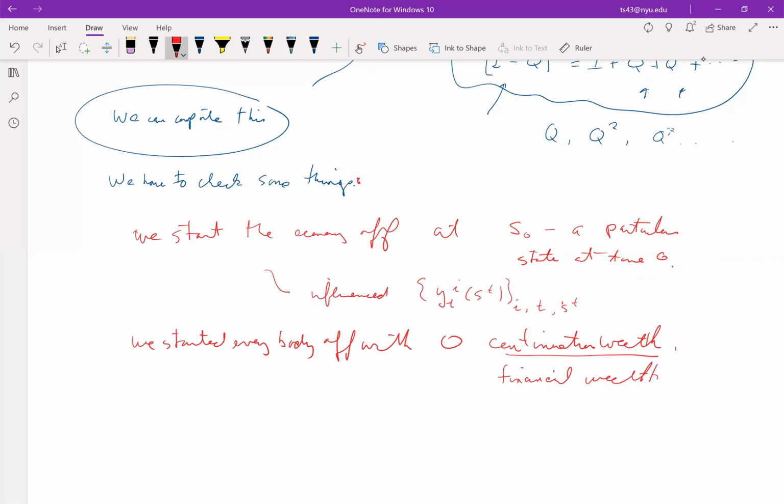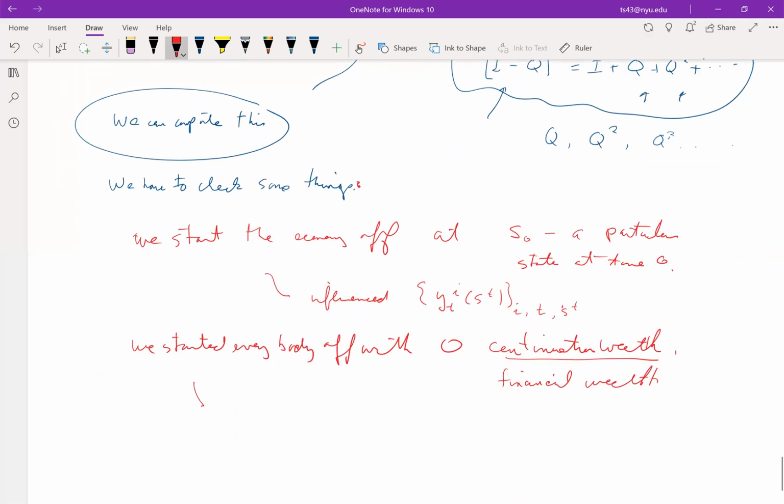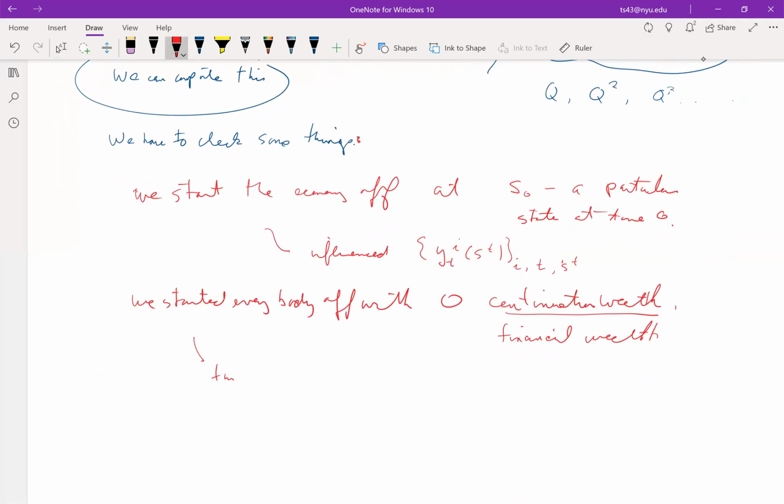And why? Because that equation was equivalent to the time 0 budget constraint for each person in the Arrow-Debreu economy. Check that out. That's the remembering part. We start everyone off with that.